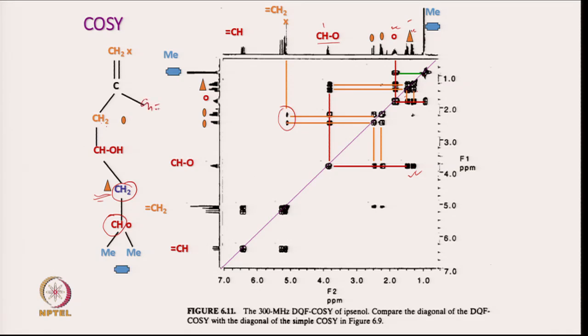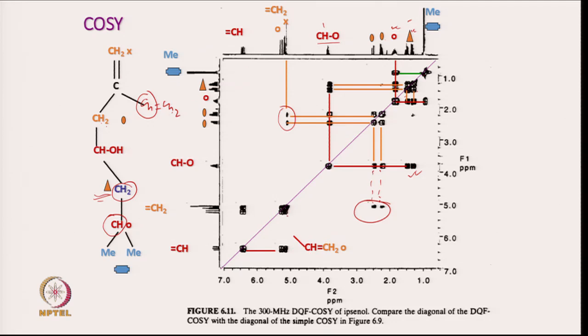And if you remember, this structure also has this. So, this CH2 is also correlated to this CH. You remember this CH2, so they are also attached to this weaker peak, and that corresponds to this CH. This corresponds to this CH2. So, this is also correlated to this, and the CH2 which is here is also correlated to this CH.